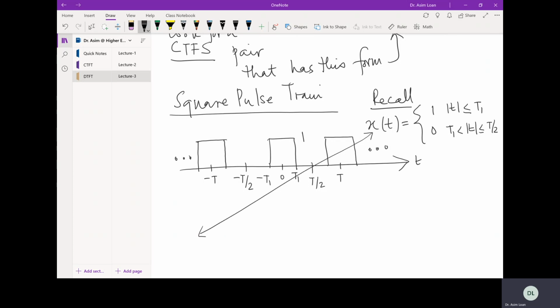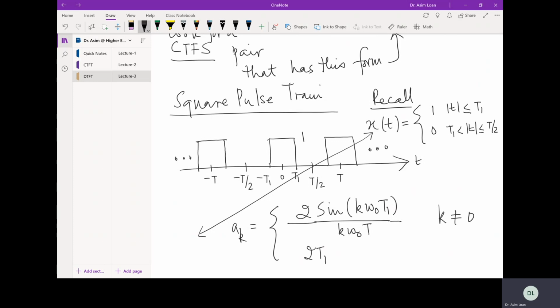The Fourier series coefficients a_k were 2 sine of k omega naught t1 over k omega naught, all divided by T, when k is not equal to 0, and this was 2 t1 divided by T when k is equal to 0. So this is the average value.